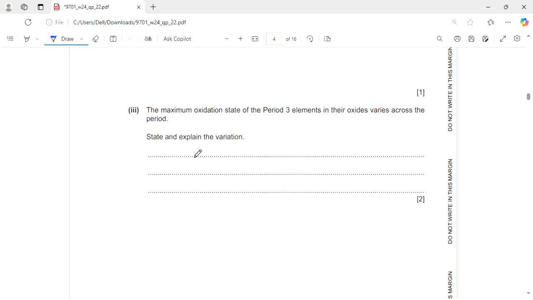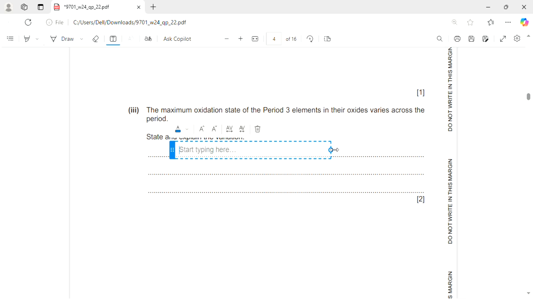The maximum oxidation state of the period 3 elements in their oxides varies across the period. State and explain the variation. We have to write the text mode.